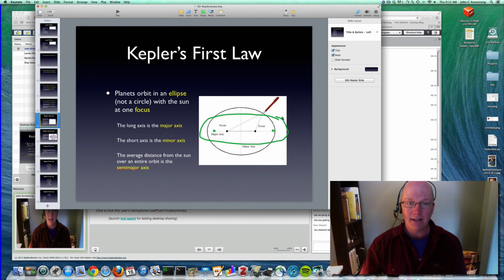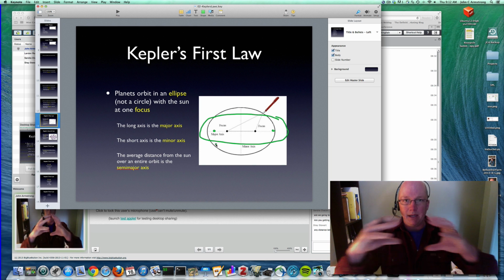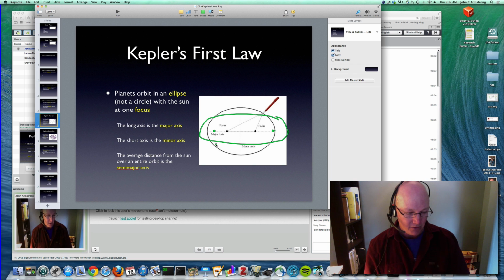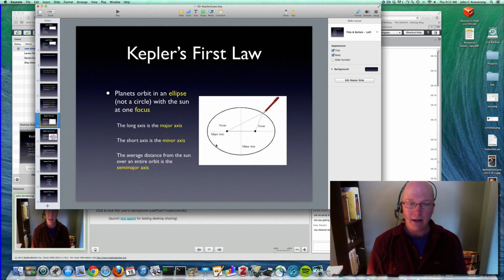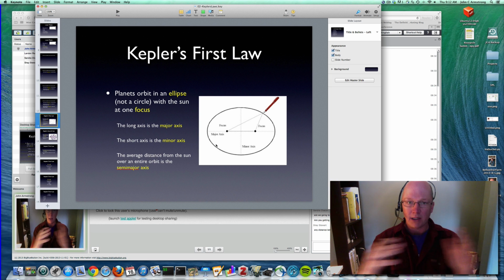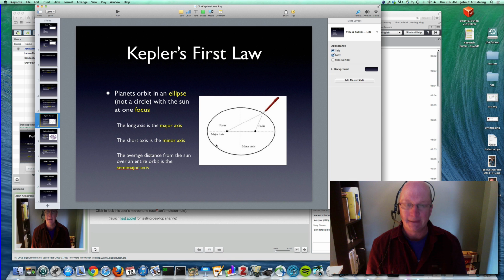My drawing isn't all that great, but it's still going to be an ellipse. It's just going to be squatter and longer. So if you move those foci apart, you get a squatter ellipse. If you move those foci together, you get a narrower ellipse, and you wind up with something that looks like a circle.